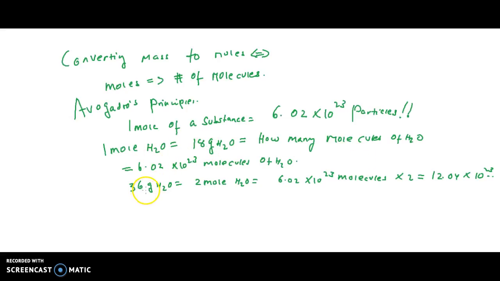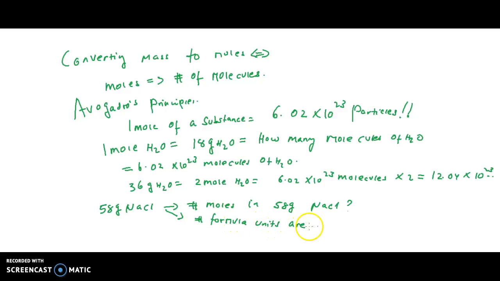So this is how the number of moles and the number of molecules are related to each other. Let's say someone asks: I have 58 grams of sodium chloride, how many moles are there? What's the number of moles in 58 grams of sodium chloride? And another question: how many formula units are in 58 grams of NaCl?